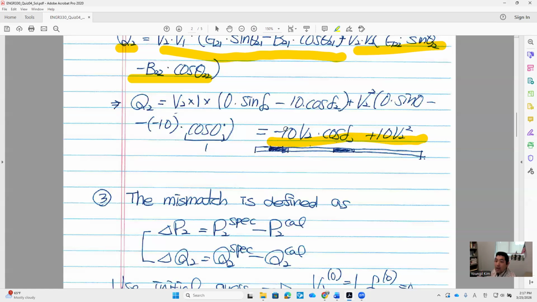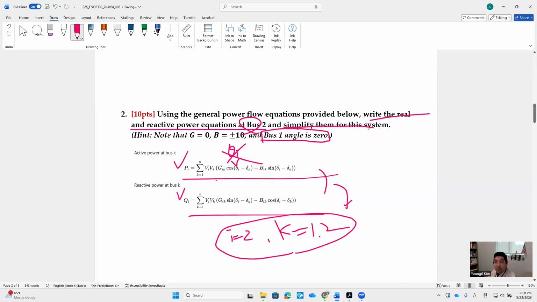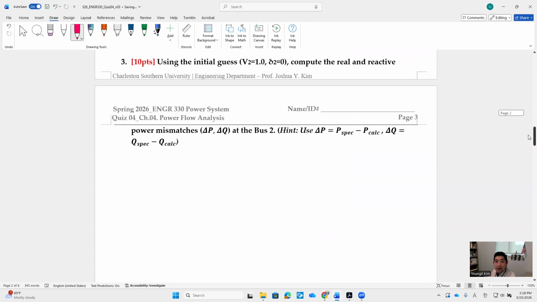Then finally, we can express the P and Q at bus 2 in terms of V sub 2 and delta sub 2. Now, the question 3 here.